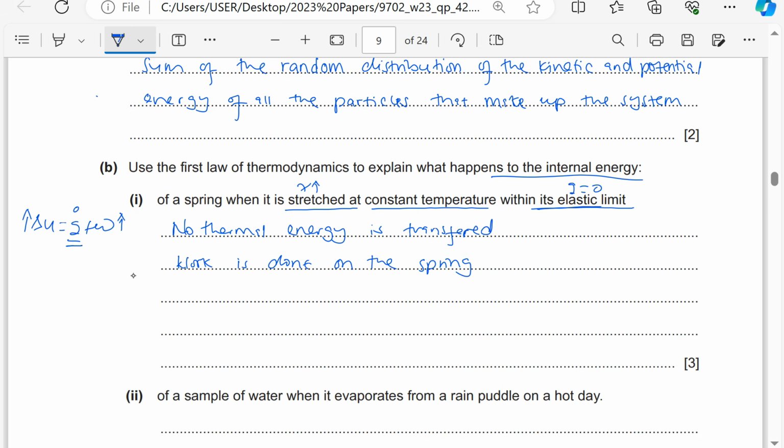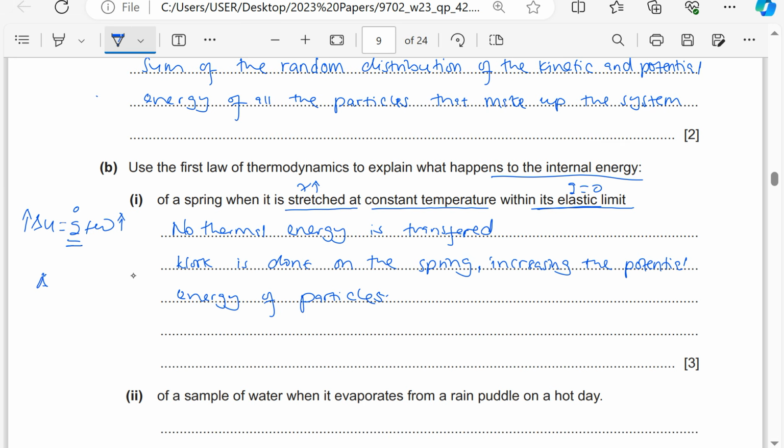Work is done on the spring, and if work is done on the spring, it increases the potential energy of the particles. Now that the particles are being stretched, the potential energy is increased.